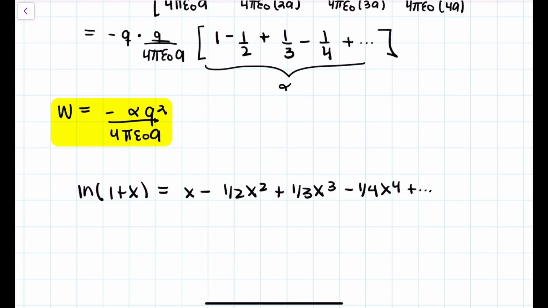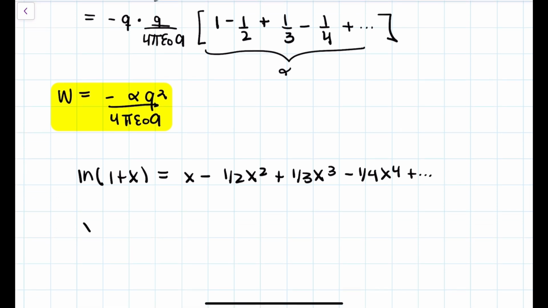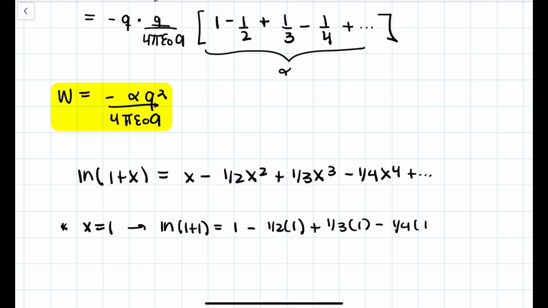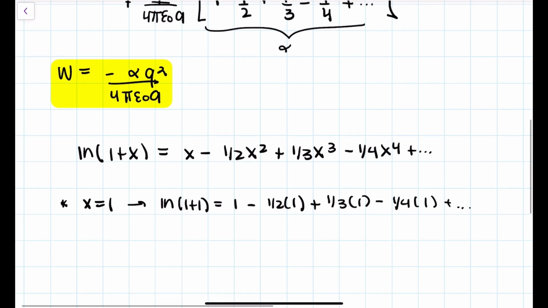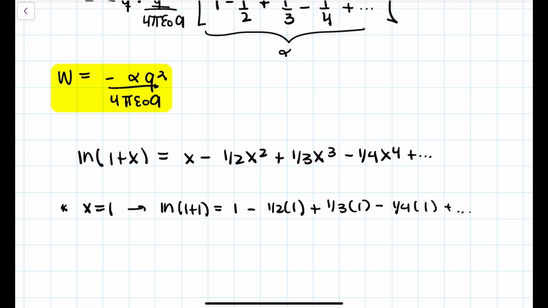So in order to have our Madelung constant look like this expansion, we can make x equal to 1. So if x equals 1, this whole thing will look like this. So natural log of 1 plus 1, and we would have 1 minus 1/2 times 1 plus 1/3 times 1 minus 1/4 times 1. Therefore, our Madelung constant is just the natural log of 2.